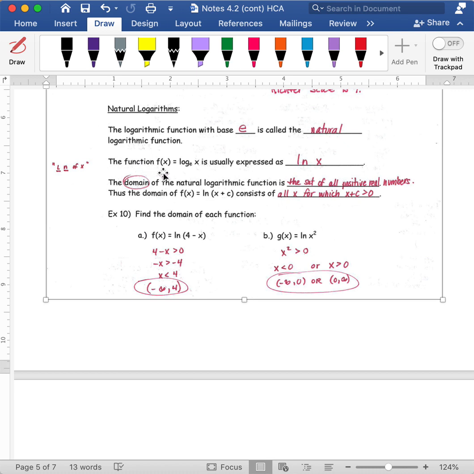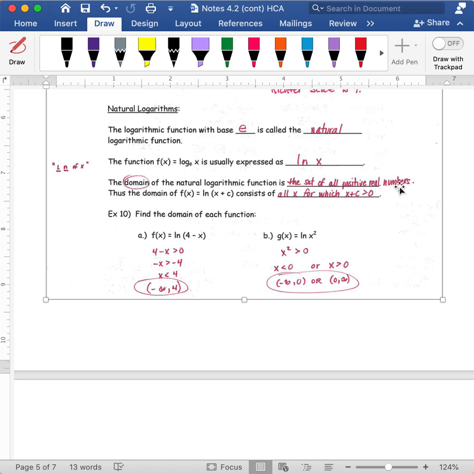So the function f of x equals log base e of x is usually expressed as this, ln of x. Sometimes people look at this and say ln x. Okay, so ln x is the natural log. The domain of the natural log function is the set of all positive real numbers.